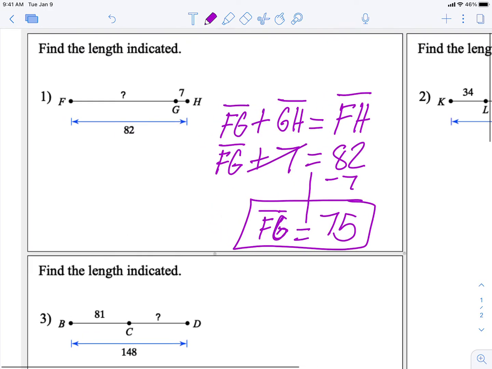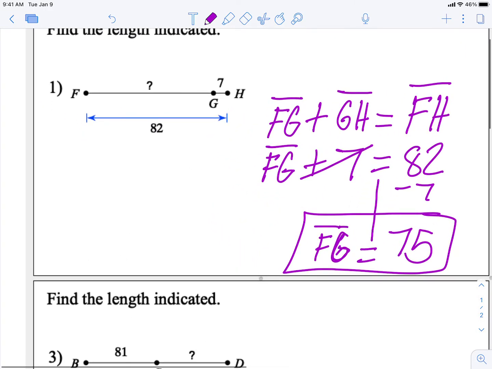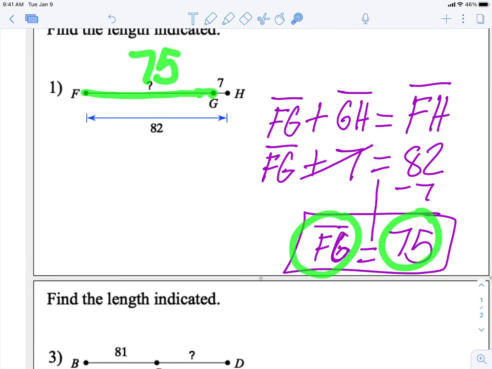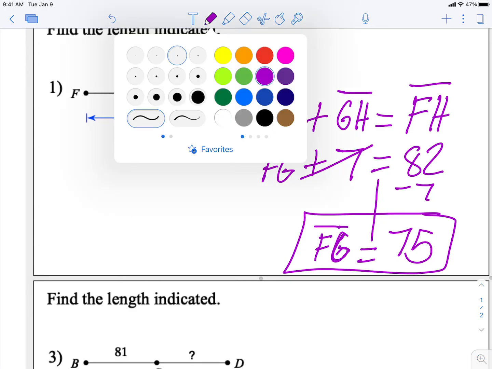So that means that from F to G is equal to 75. And 75 plus 7 is equal to 82. Perfect. Worked out perfect.